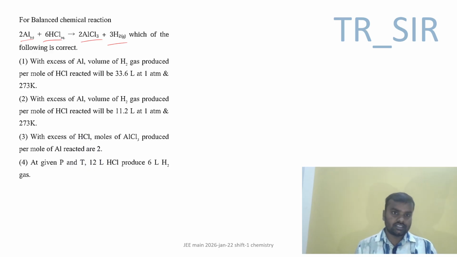So how to do this one? Here with excess of aluminium, H2 gas will be produced. One second, we'll solve this one.